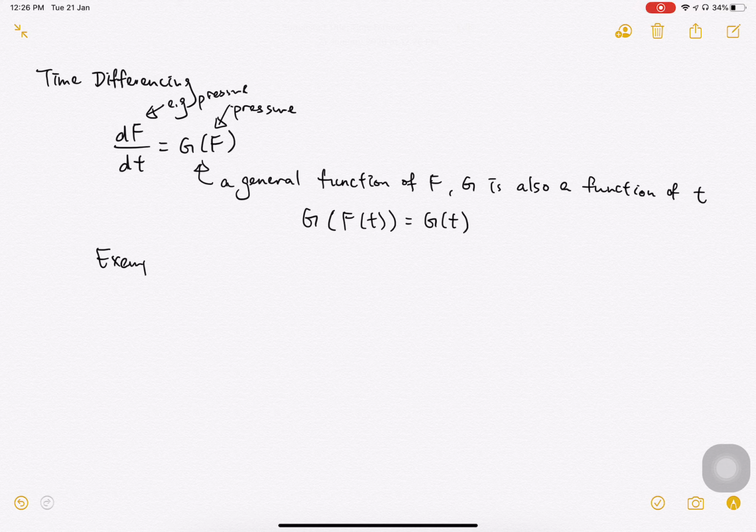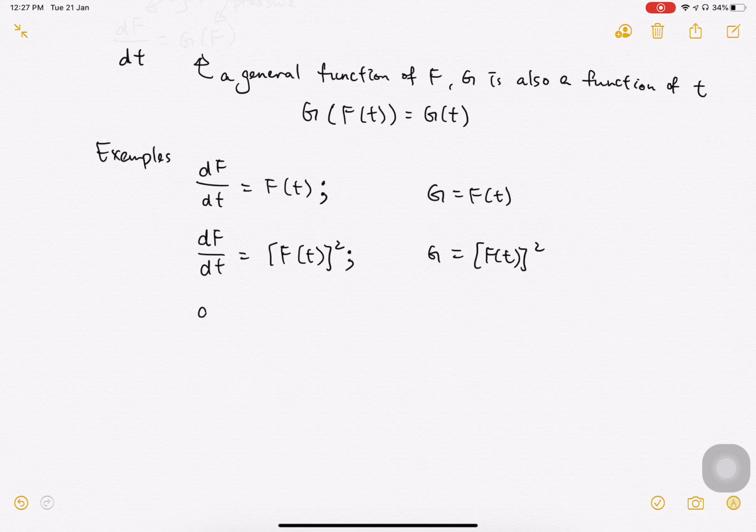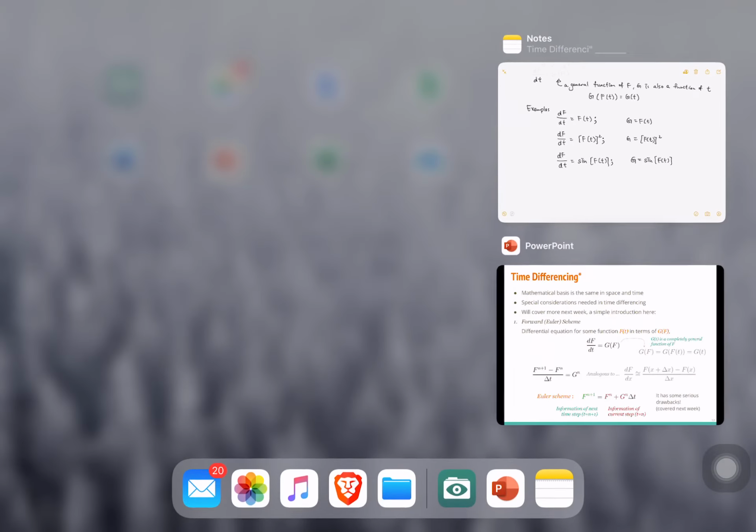Okay, the examples here. G can be expressed as T. Or this is another example.